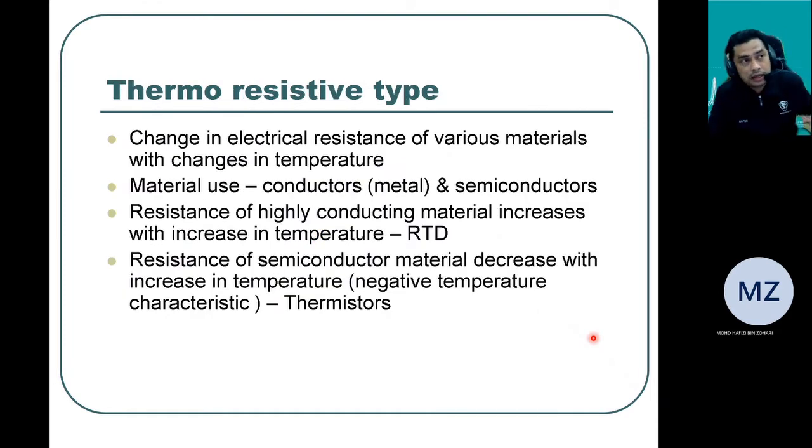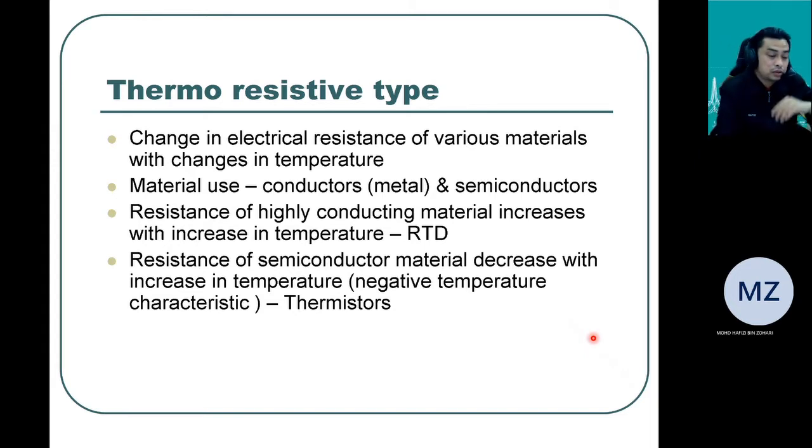For the first one under the electrical method, the resistive type, it is based on resistance. This one is also divided into two parts: either temperature increases and resistance increases, or temperature increases and resistance decreases.